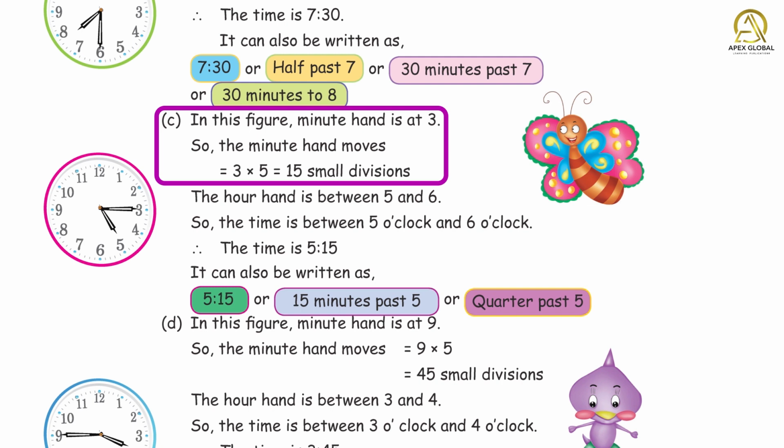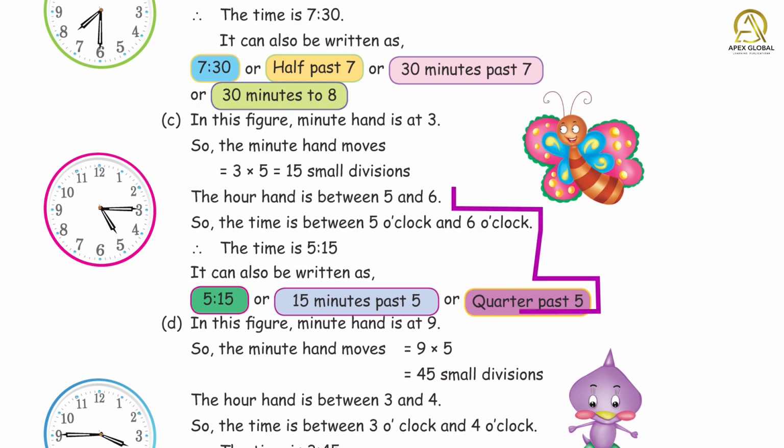C. In this figure, the minute hand is at 3. So, the minute hand moves 3 times 5 equals 15 small divisions. The hour hand is between 5 and 6. So, the time is between 5 o'clock and 6 o'clock. The time is 5:15. It can also be written as 15 minutes past 5.